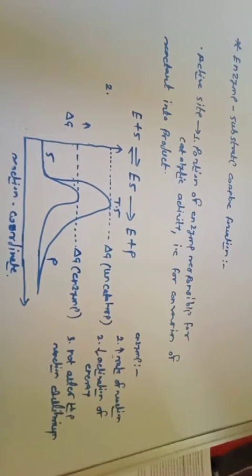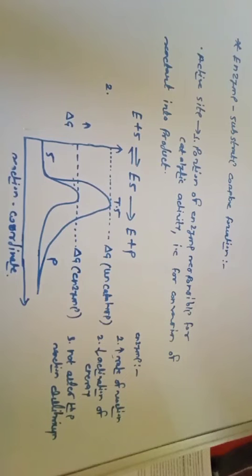This enzyme increases the rate of the reaction by lowering the activation energy. So if you see this diagram, the energy curve is given, along the y-axis the free energy change, delta G, and along the x-axis the reaction coordinate.